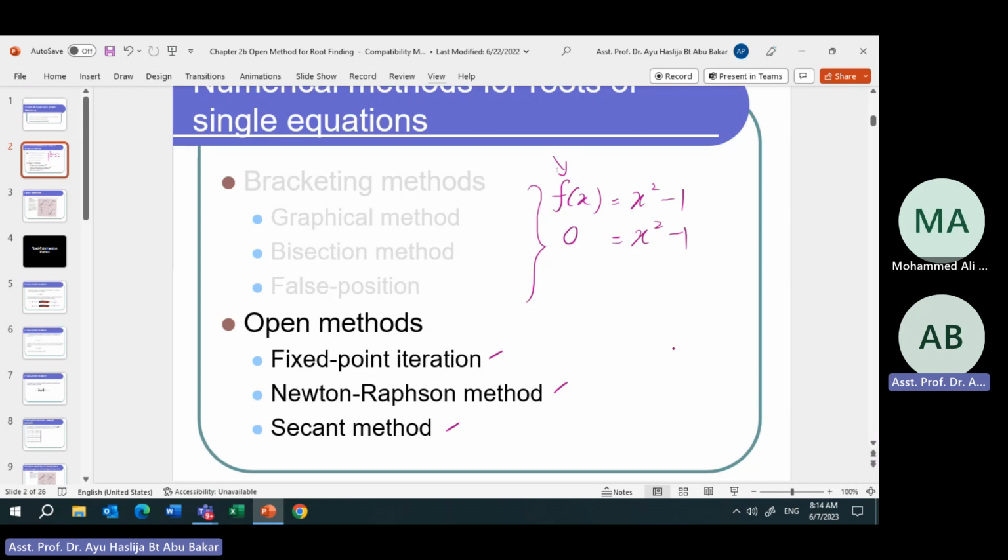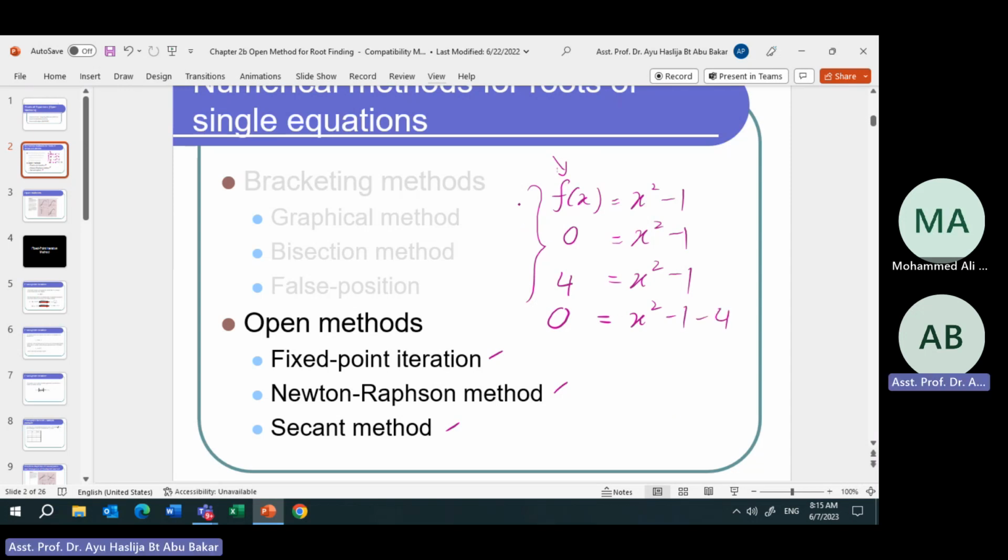From the exercise that we had done, some of the questions give you the info on f(x), for example f(x) is given as 4x^2 - 1. So you have to rearrange so that f(x) equals 0.